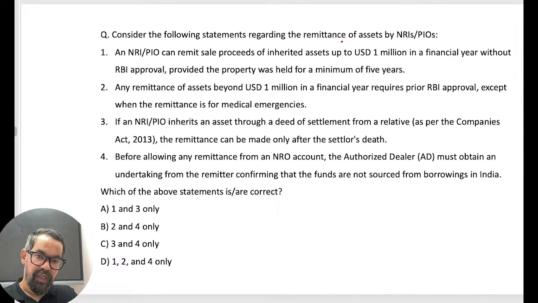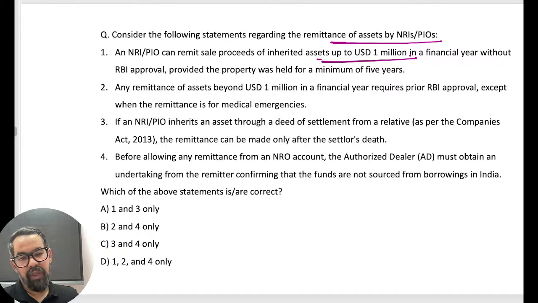Consider the following statements regarding remittances of assets by NRI and PIOs. An NRI or PIO can remit sale proceeds of inherited property up to 1 million USD per financial year without RBI approval, provided the property is held for a minimum of 5 years.